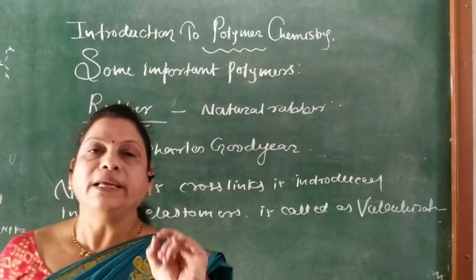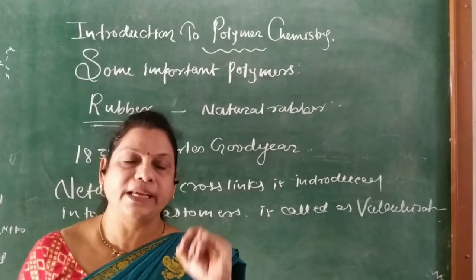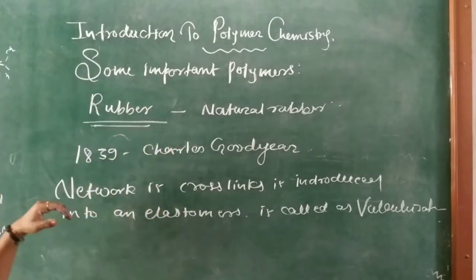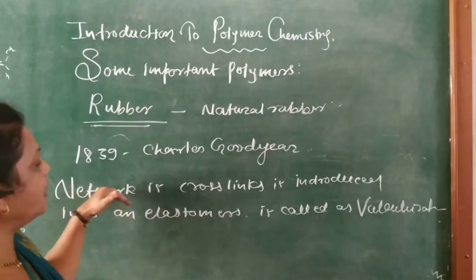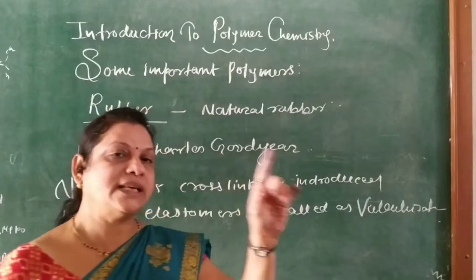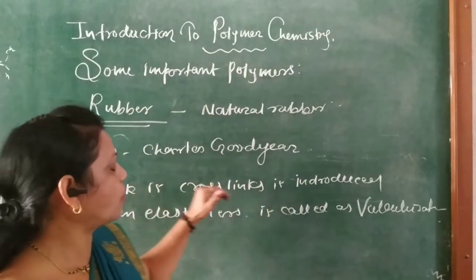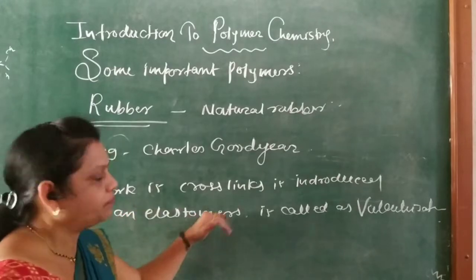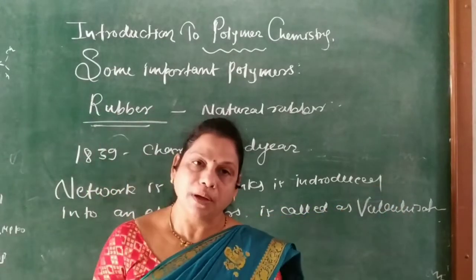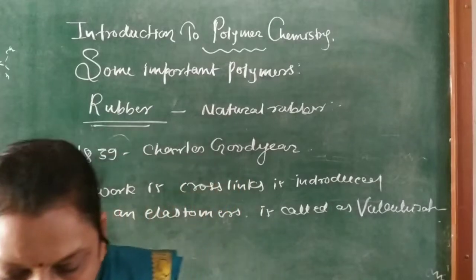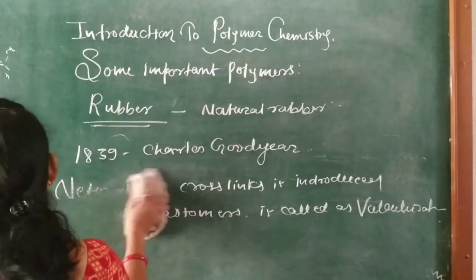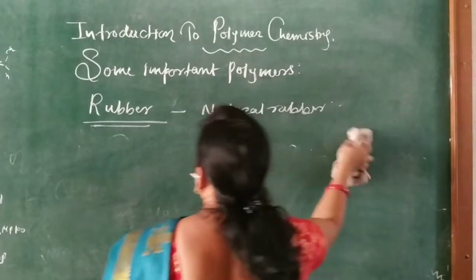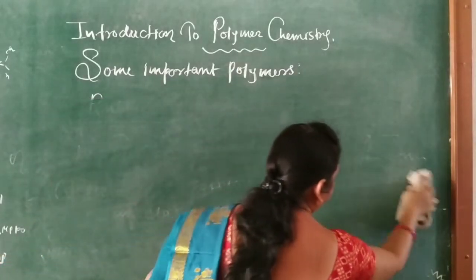While writing a definition, each and every point, each and every word has to be written exactly as it is, so look once again: the process in which network crosslinks are introduced into an elastomer is called vulcanization of rubber.